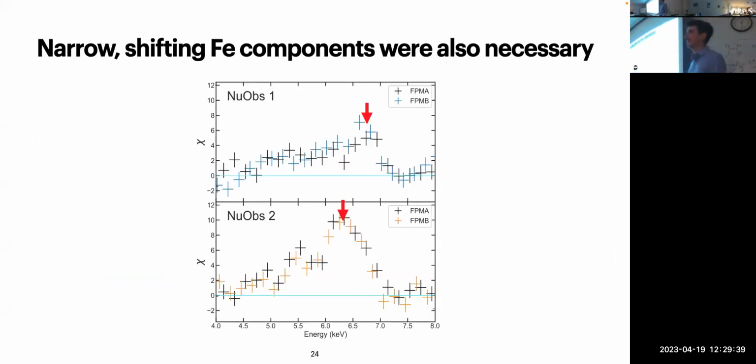In addition to this broadened feature, even when I stuck that in there, I still have these narrow peaks here. So some of the reason that this looks so much higher is maybe because of that narrow peak, right? And the narrow peak physically means that there's a region of iron being fluoresced somewhere far away from the inner regions of the disk. So it's not experiencing that kind of, yeah.